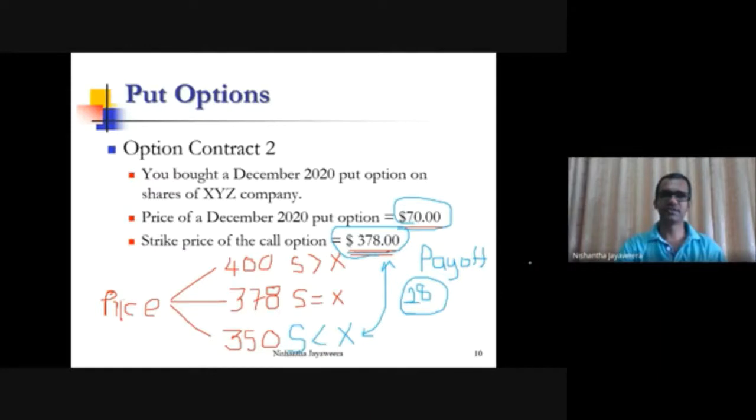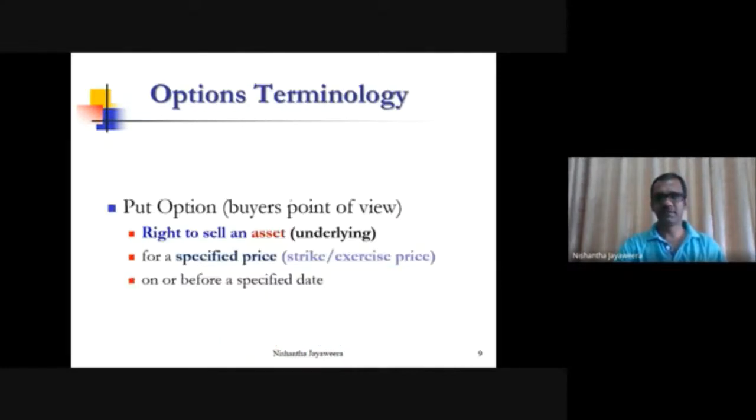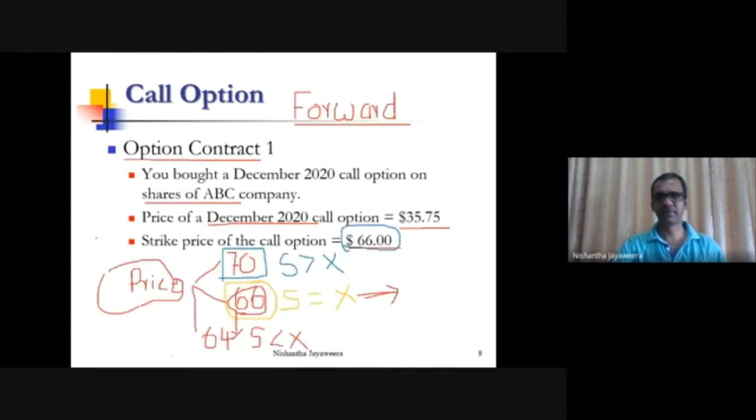We have to consider the cost that you incur to buy the option contract. Even in the previous example, when the spot price is above your strike price, then you make a profit.